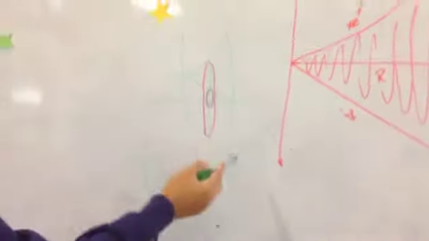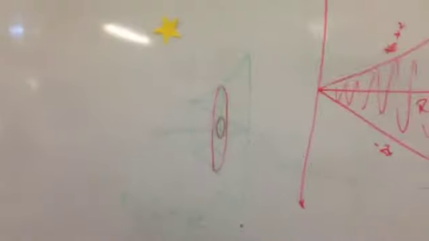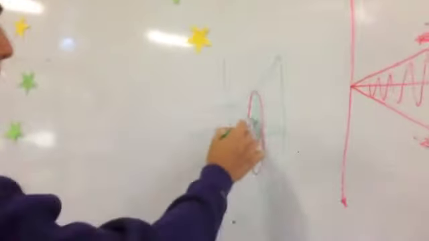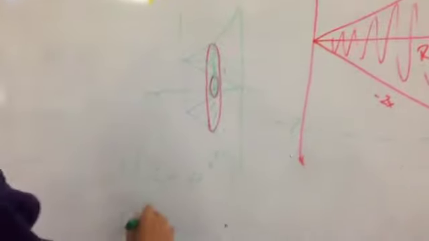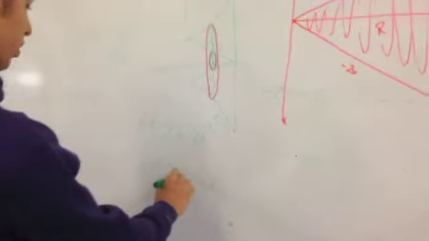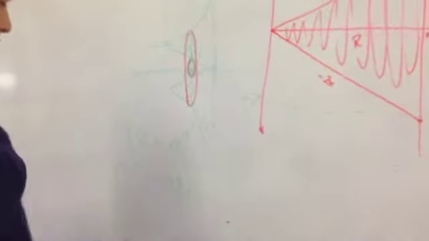And the area of the smaller circle would equal pi times the radius, which is 2 minus this function. So it's 2 minus negative 2x, which would end up being 2 plus 2x.